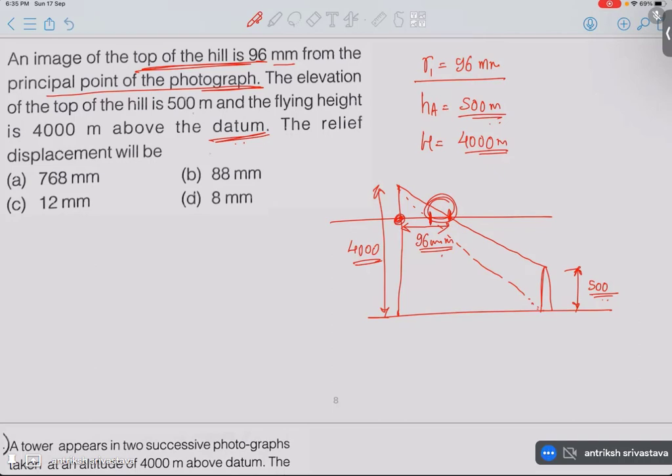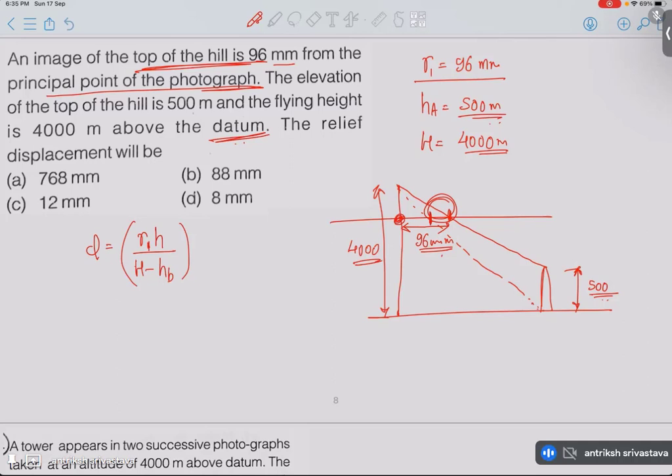You can, if you remember this formula for relief that we derived earlier, it was R1H divided by H minus HB, right? Now we don't know anything about the bottom.